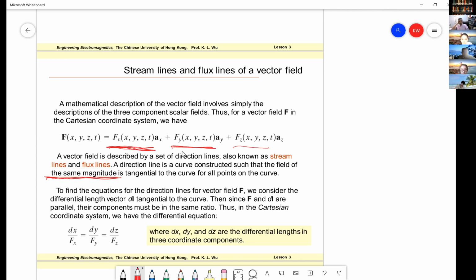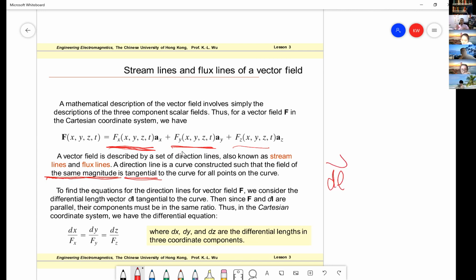However, the field must be tangential to the curve at that point. This is the definition of our field line.